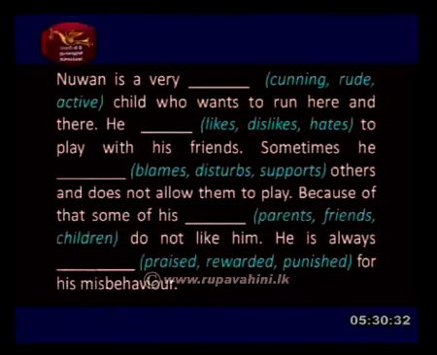He blank (likes, dislikes, hates) to play with his friends. Sometimes he blank (blames, disturbs, supports) others and does not allow them to play. Because of that, some of his blank (parents, friends, children) do not like him. He is always blank (praised, rewarded, punished) for his misbehavior.